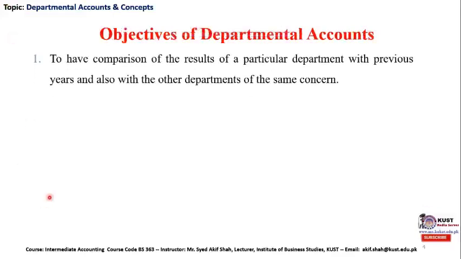Let's discuss what the objectives of departmental accounts are. Number one is to compare the results of a particular department with the previous year and also with the other departments of the same concern. For example, if a company has three departments A, B, C, then we can compare the profit of A with B and B with C or vice versa.